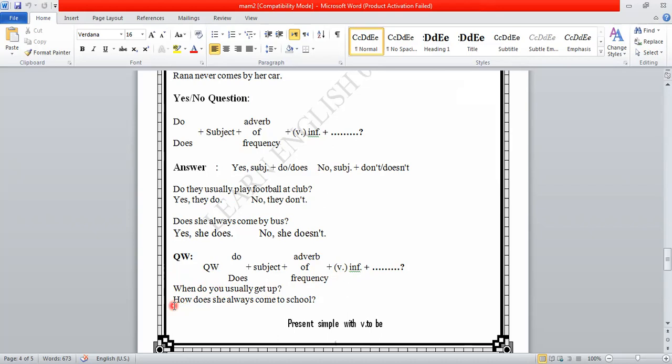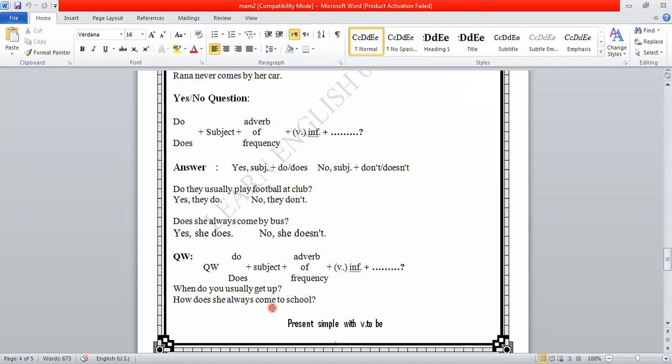How does she always come to school? Could you explain it? How is the question word. Does is the helping verb related to the singular subject she. Always is the adverb of frequency, come is the main verb. Okay, thank you.